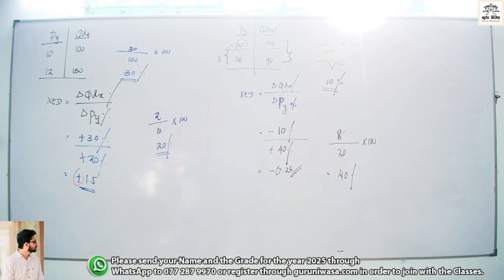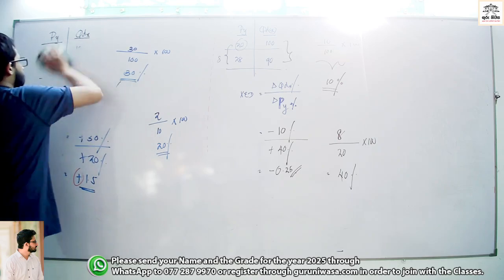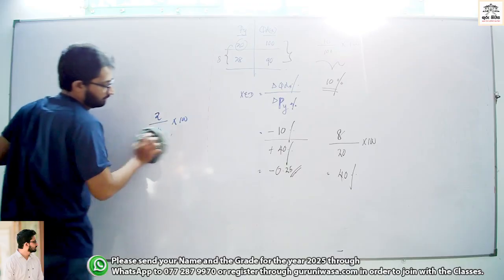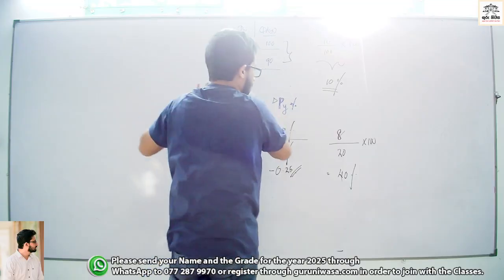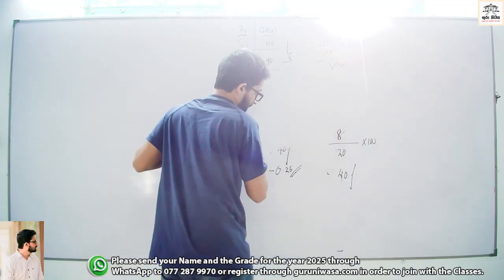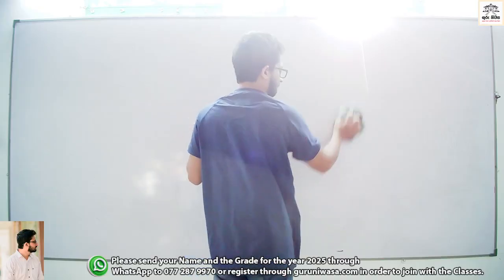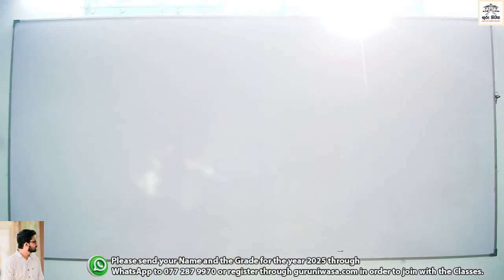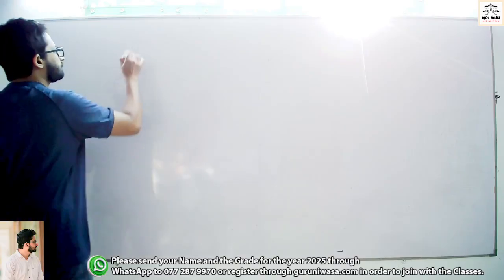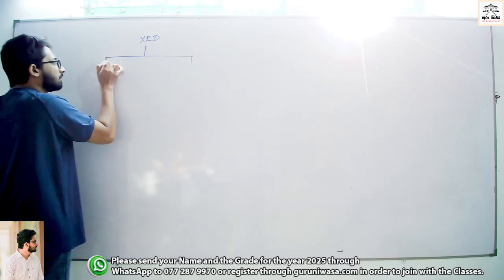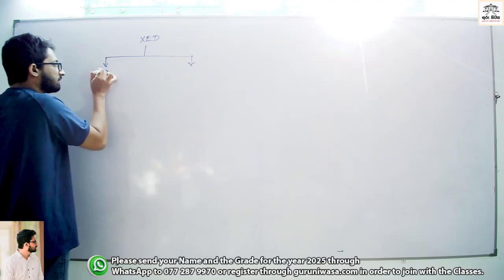We can categorize products based on XCD. Write down: XCD, cross price elasticity of demand, can be positive or negative.